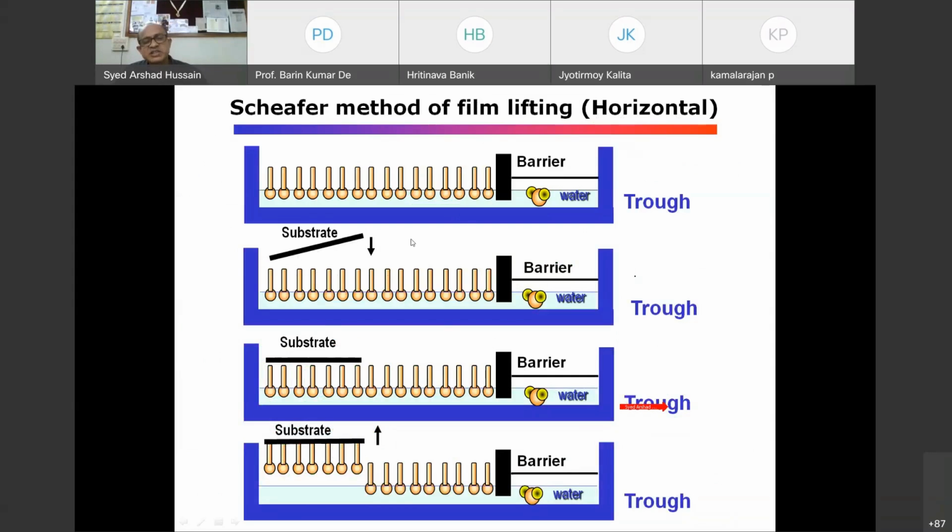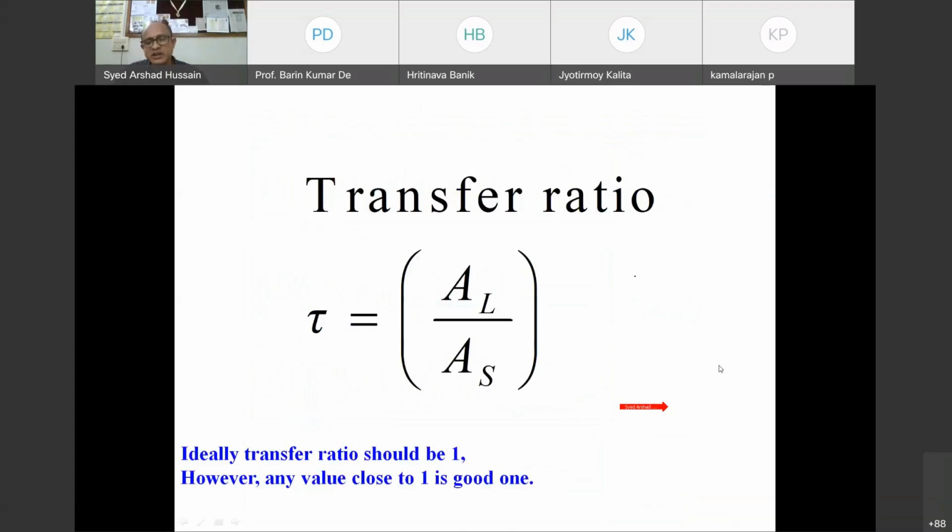But of course, the whole system is computer controlled, because if you do it physically with your bare hands, a minute jerk can change the organization. So all these kinds of deposition are very important, because the organization or arrangement of your molecules is different. So LB techniques give you a variety of options to organize your material in a desired way.